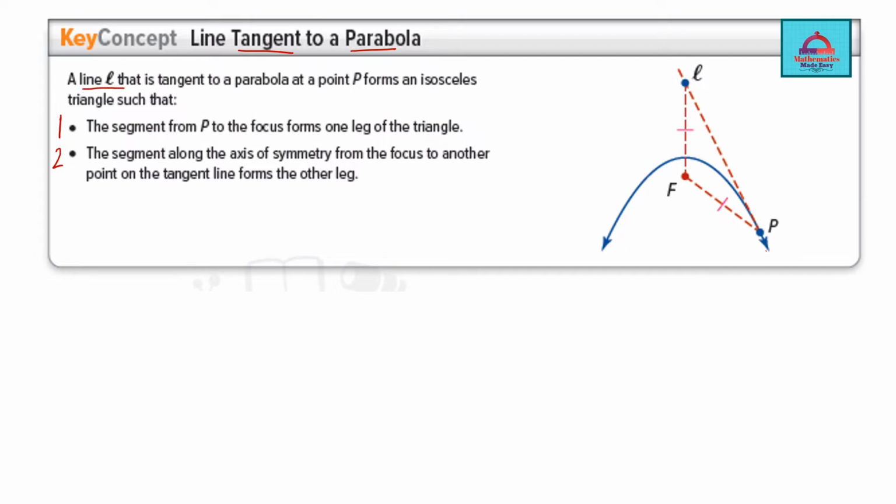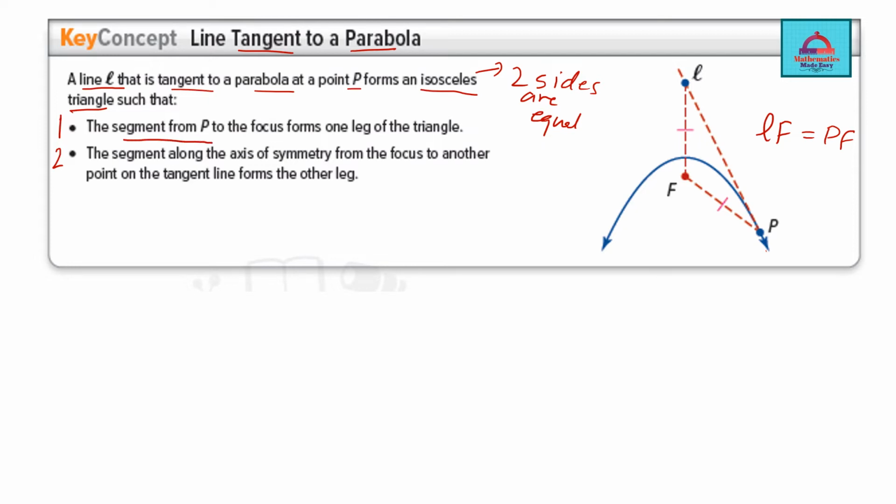A line L becomes a tangent to a parabola at the point P if it forms an isosceles triangle. So what is an isosceles triangle? Two sides are equal. So if you look at the figure, this triangle LFP has LF equal to PF. The two lengths are equal. That's why it's an isosceles triangle.